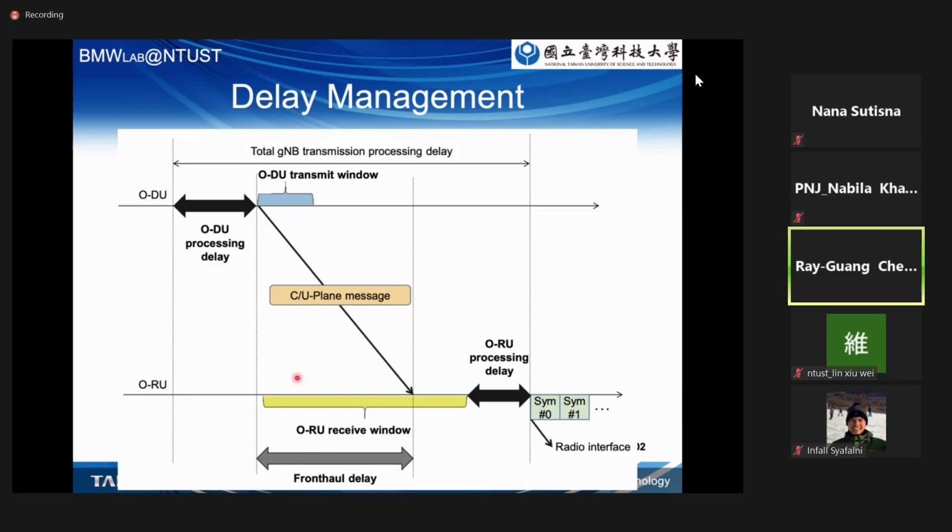Then you need to advance the transmission time by a window, so that the ODU needs to transmit in advance. So actually this is an extra time delay introduced by the fronthaul interface. If you don't have a fronthaul interface, the ODU can directly transmit the symbol.